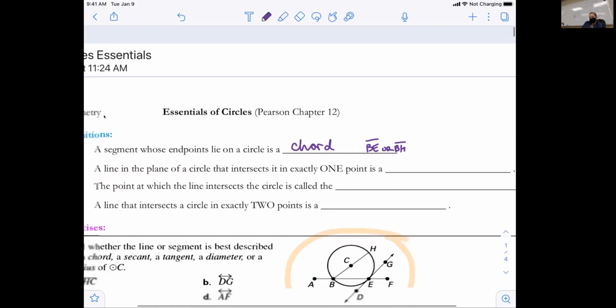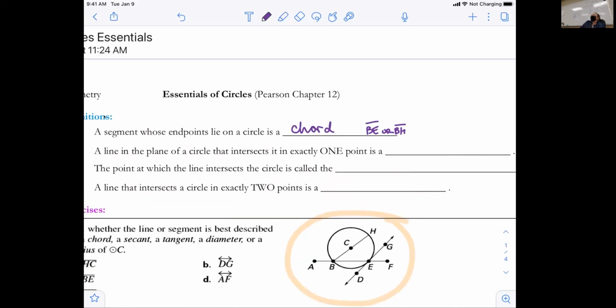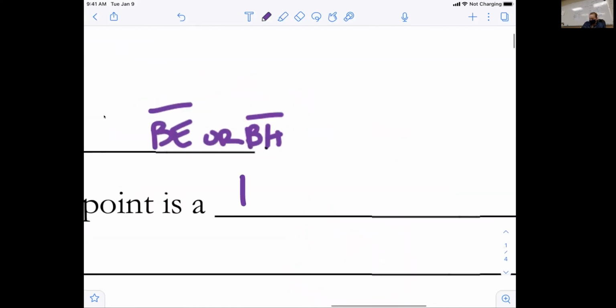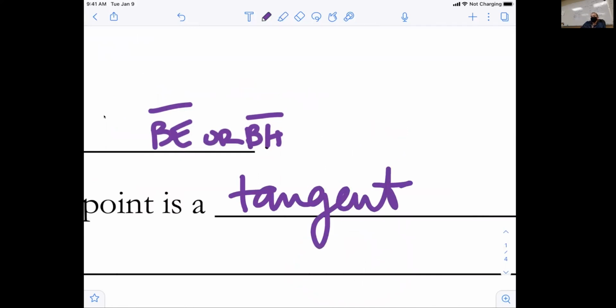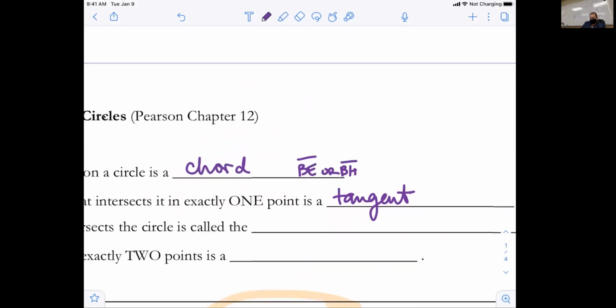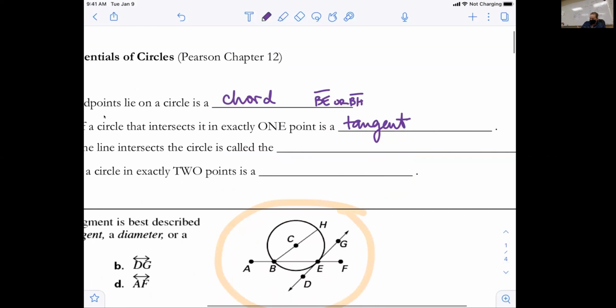Okay. Now I'm going to teach you two new things that you didn't know before. These are two different types of lines. One is a line in the plane of a circle that intersects with only one point on that circle. And that line is called a tangent line. An example of that is DE, this line right here.